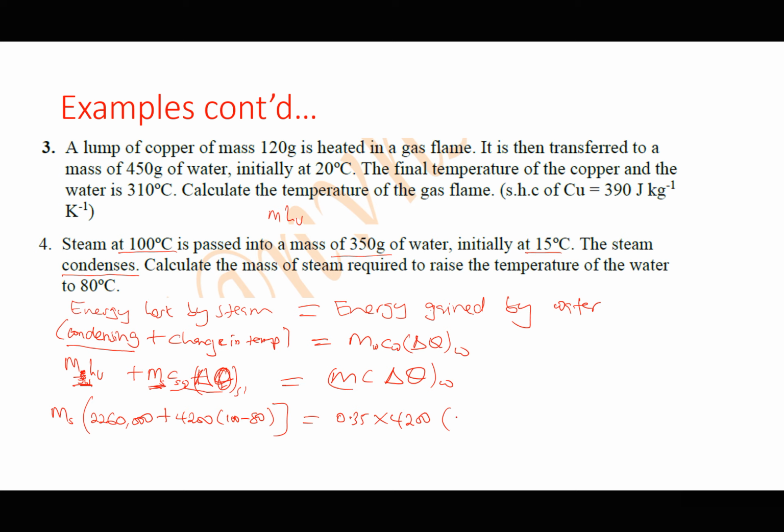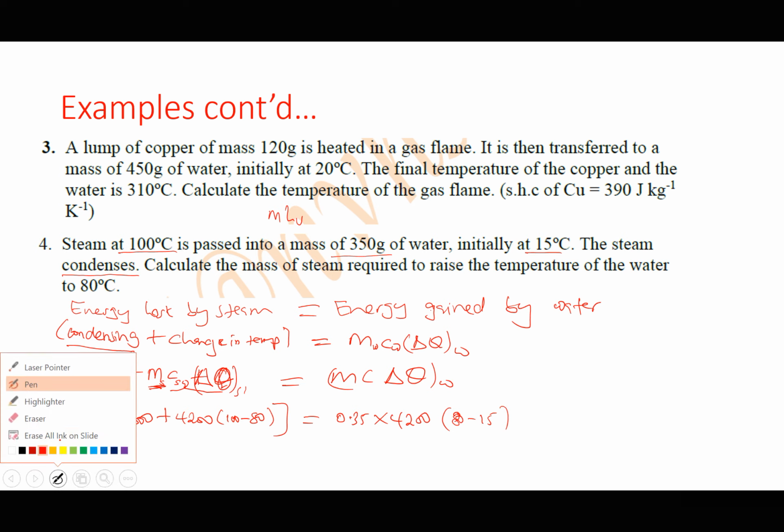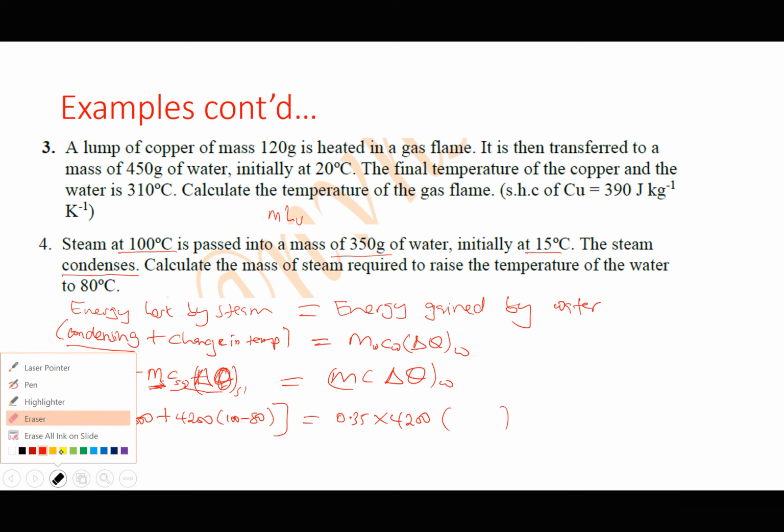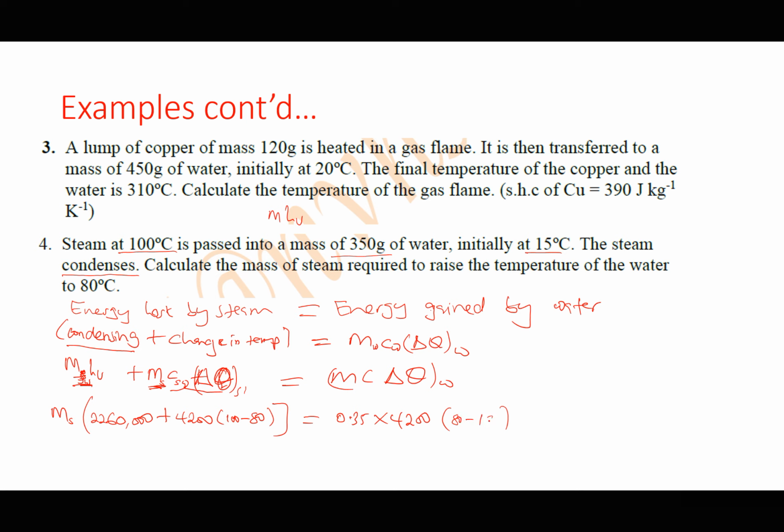So it is 15 to 80. So that is 80 minus 15. I know some people will get 15 minus 80, so this is 80 minus 15. Let me write it clearly. So we simplify this, just simplify the right hand side, divide by the left hand side. So you will get the mass as, let me press my calculator.